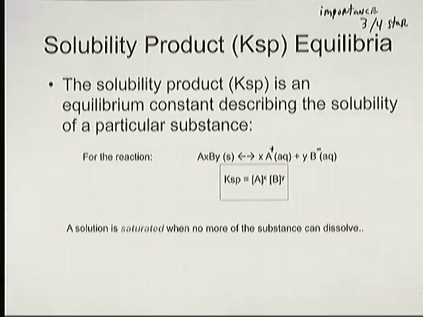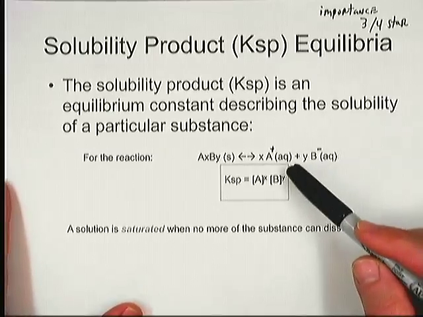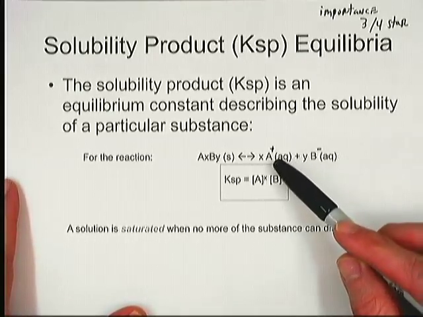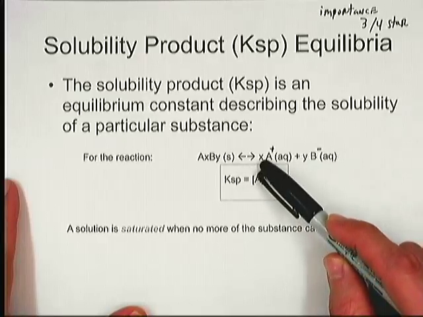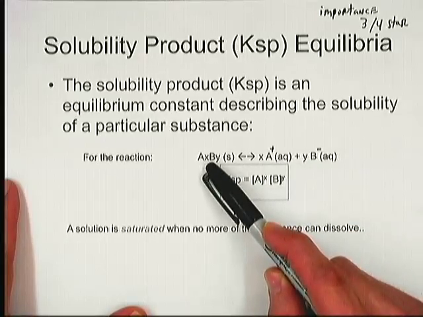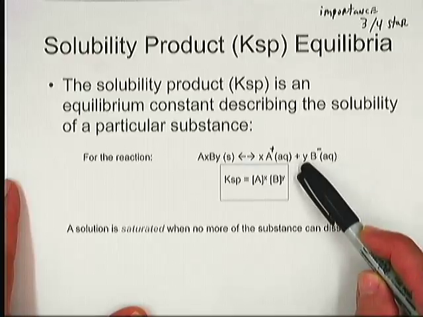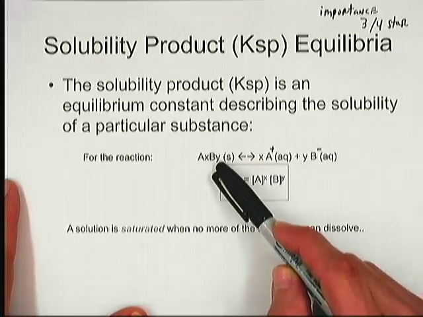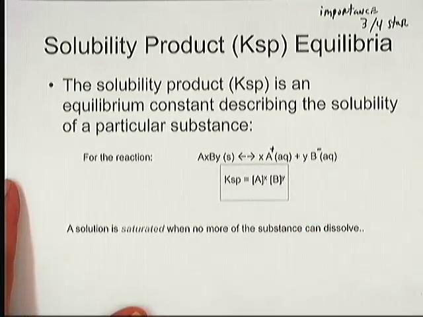When they dissolve into the water and are surrounded by water molecules, I'll yield X copies of A, given the subscript here, and Y copies of B, given whatever subscript this is here, to balance the ionic compound's formula.